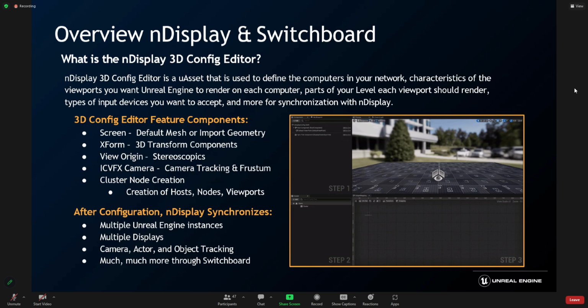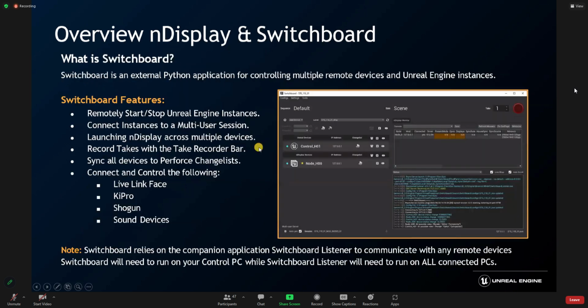We'll try to build that out. They have multiple displays, and they'll be set up in this world up here, and then the layout of those displays here. And all of it is managed by Switchboard once it's set up, what those communications are.